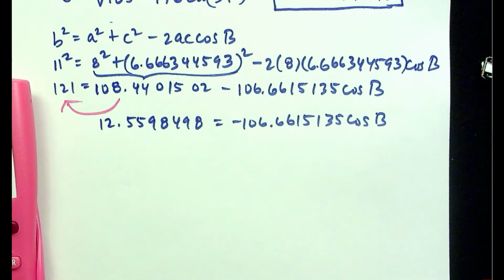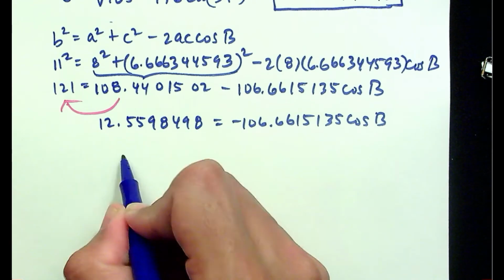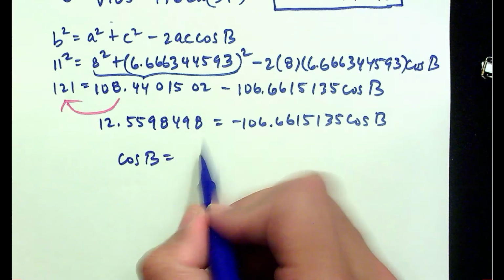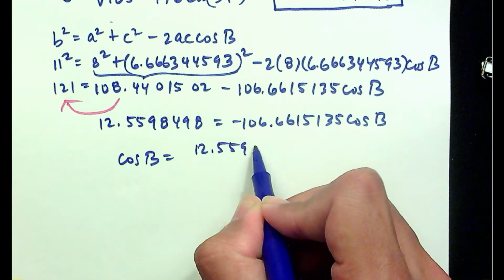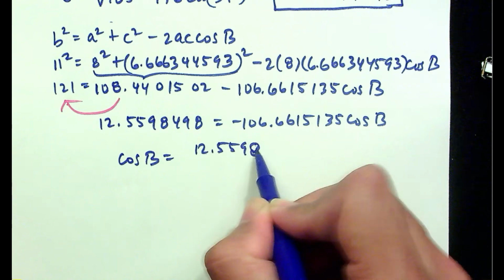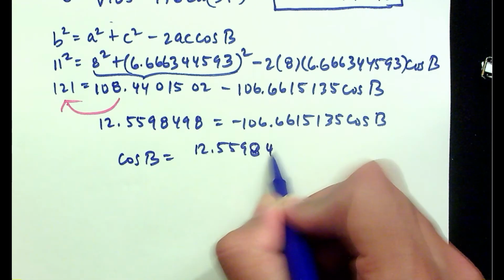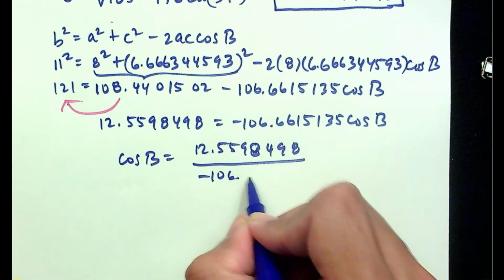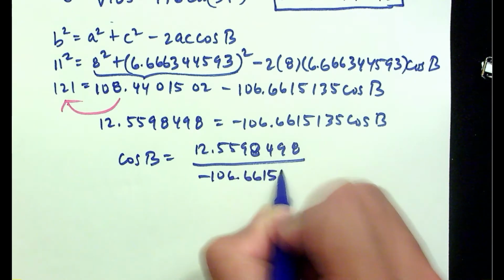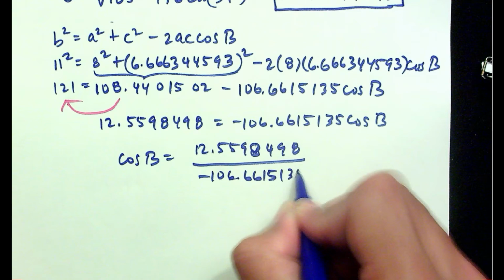And now you divide both sides by this number, and you will get cosine of B. So this would be 12.5598498, there's a lot of copying in here, all that over 106.6615135.